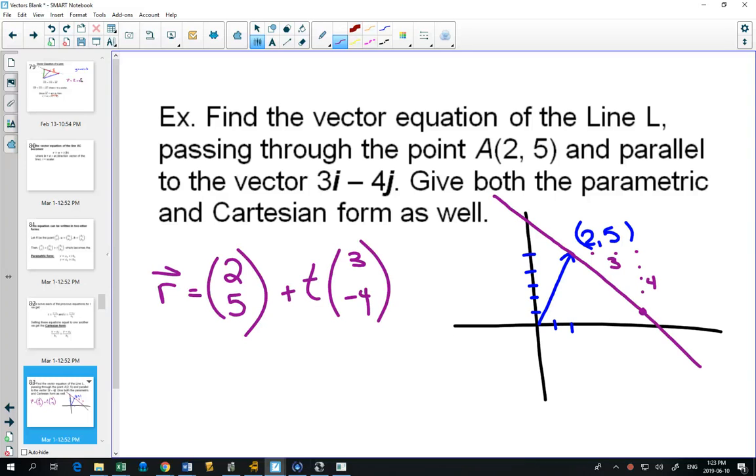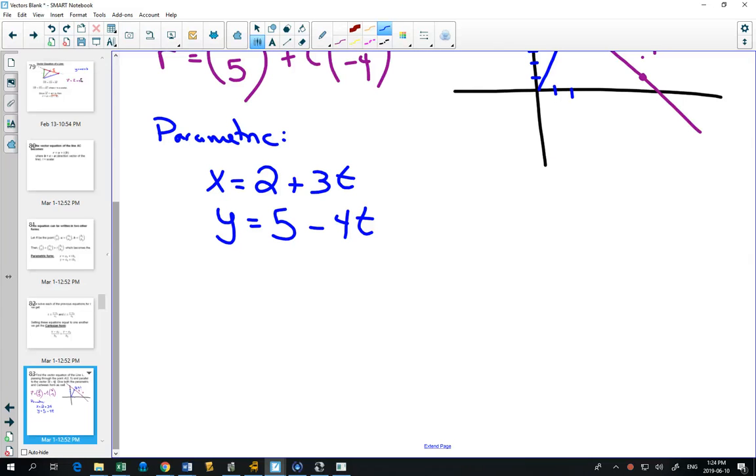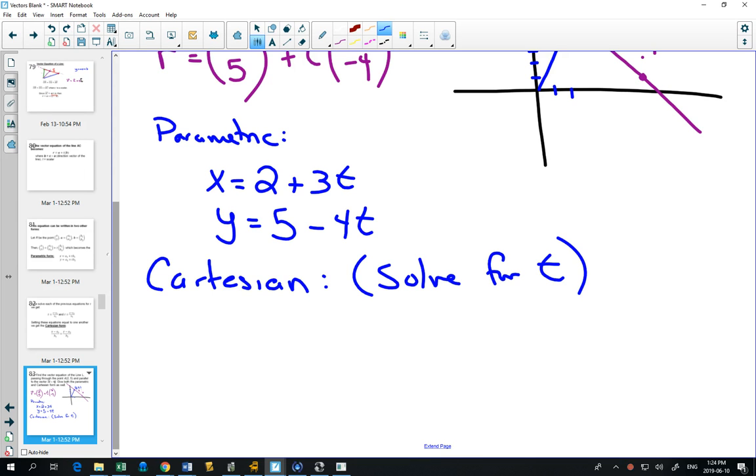If we want to write the parametric form, that's looking at each of the components. So the x component is 2 plus 3t, and the y component is 5 minus 4t. If we want to find our Cartesian form, remember we need to solve for t in our parametric forms.